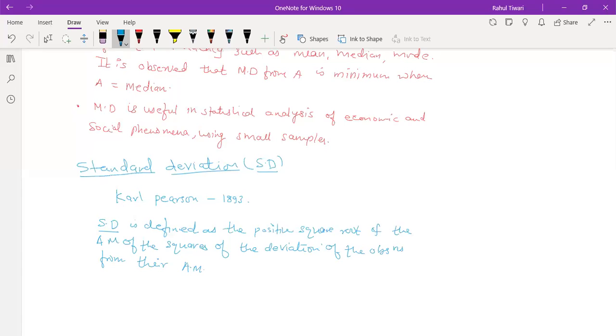It's difficult to write in terms of a statement, but if I write in terms of notation, that is, standard deviation is equal to the positive root of variance.